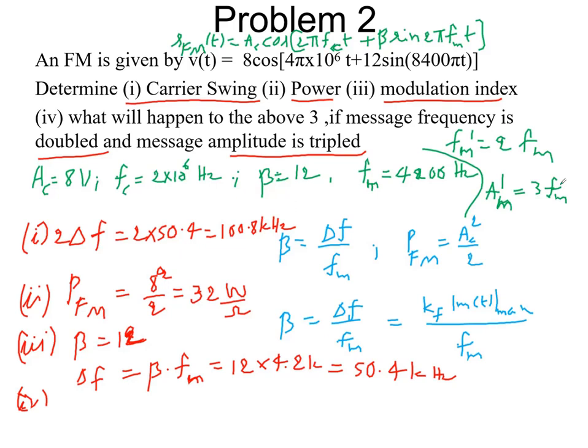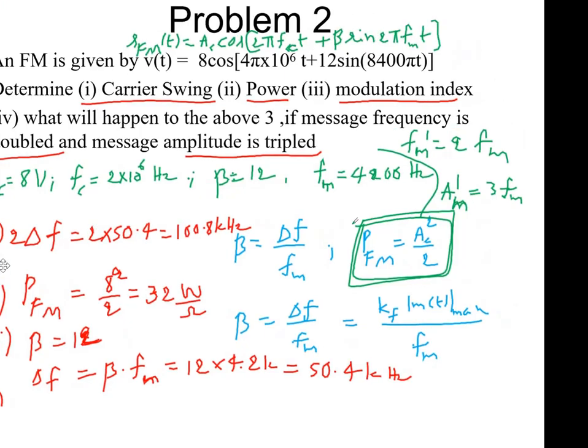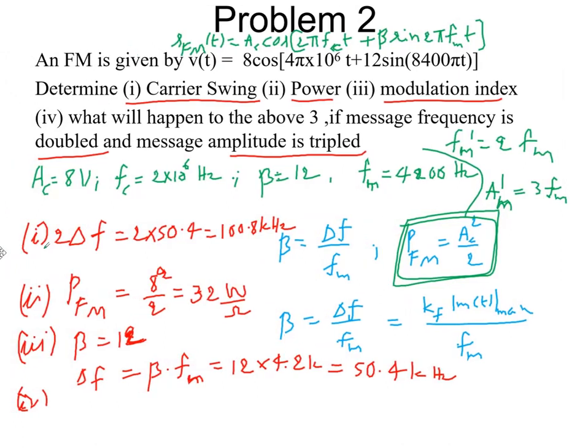Now what are the other parameters that are going to change here? If you observe, is there any change in power? Power remains always constant, there is no change. Then what are the other changes you can observe here? Beta 2 remains the same, you don't need to worry. Then is del f dependent on the amplitude of the message? Yes.